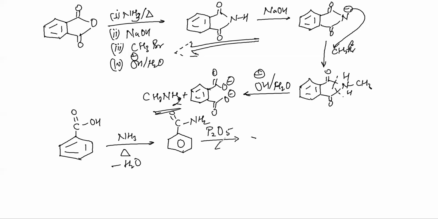P2O5, heating. What will be the product? P2O5 is a dehydrating reagent. So what will it do? H2O will be removed. So what will be the product? Cyanide. Very good.